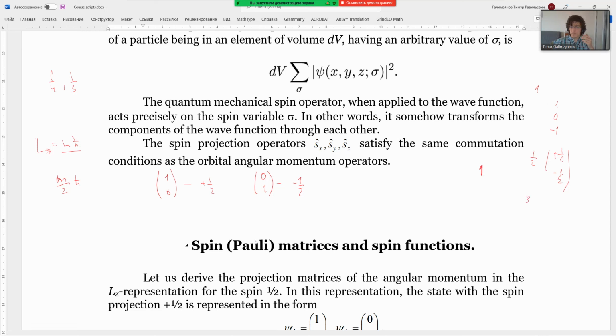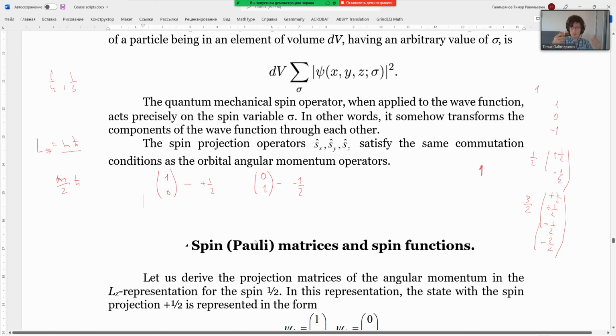We can take the particle with spin 3/2, and then its projection on the z-axis or any axis can be plus 3/2, plus 1/2, -1/2, and -3/2. So if the particle has a half integer spin, all its projections should be half integer. And if the particle has integer spin, all its projections should be integer.